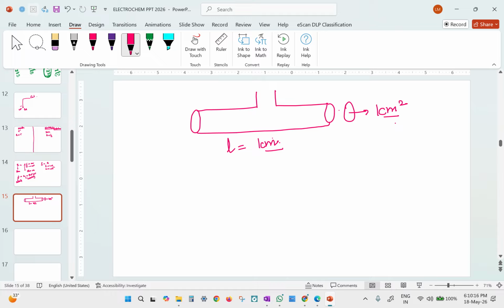Any problem with that? No, ma'am. Okay. Now, the electrodes are attached on the ends of these cells, and the electrodes are at 1 unit length, and the area of cross section of the electrode is 1 unit square.